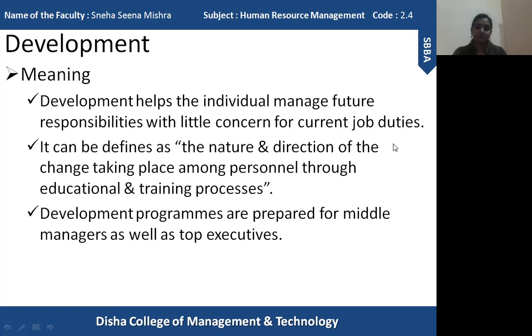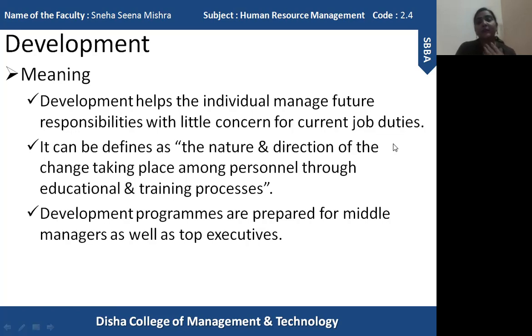Like you already know, training is for a specific job, but development is not for a specific job. Development helps individuals to handle their future responsibility with little concern for the current job. Here it means that suppose you are in a position of an assistant and you are a well trained assistant.